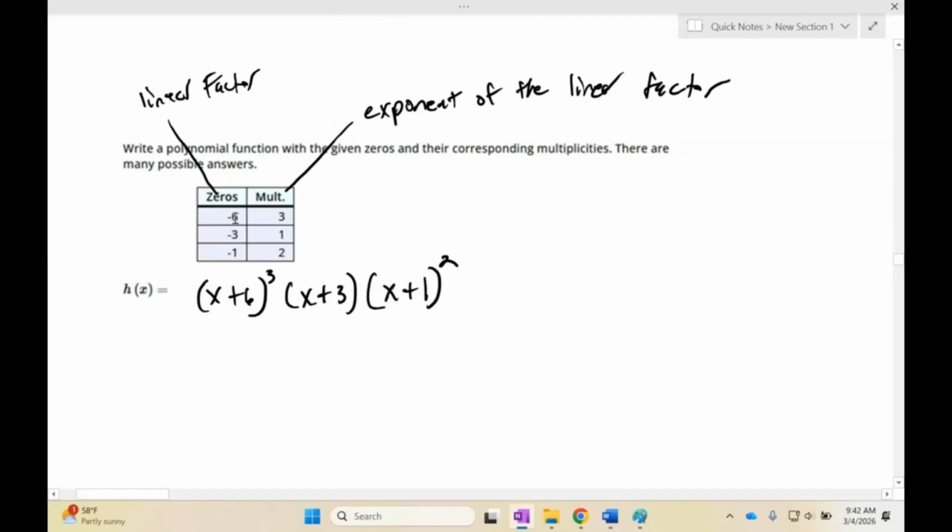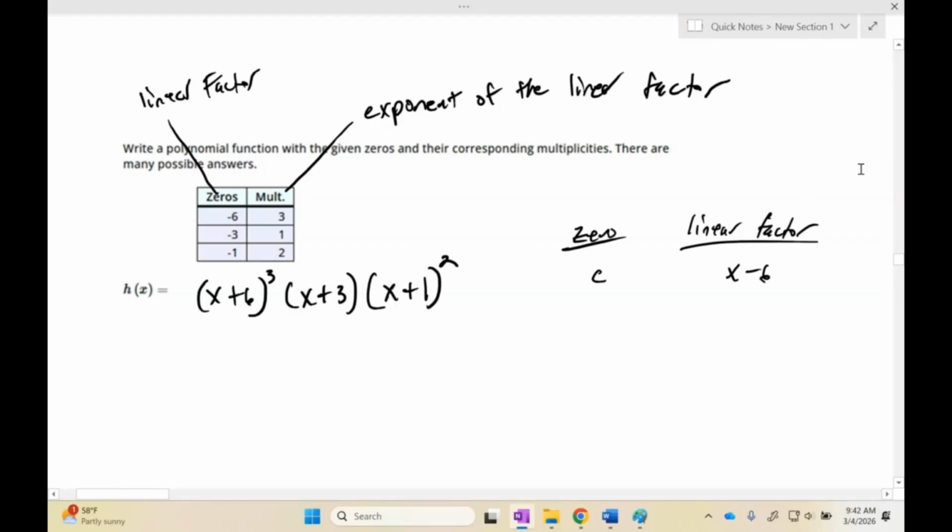So if your 0 is in the form of c, because it's going to play a part in what we do today, then the linear factor is x minus c.